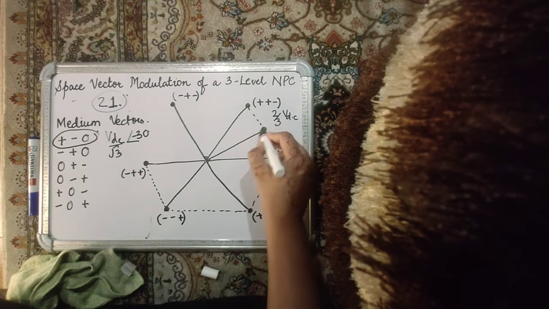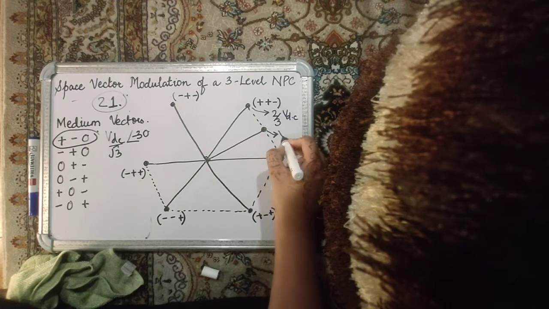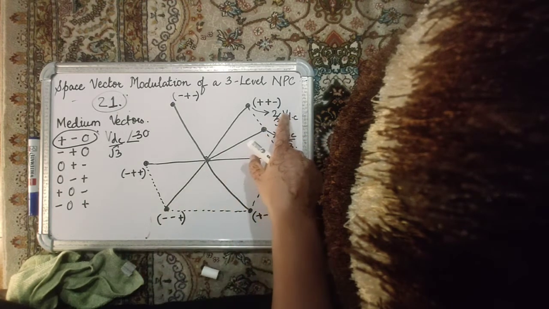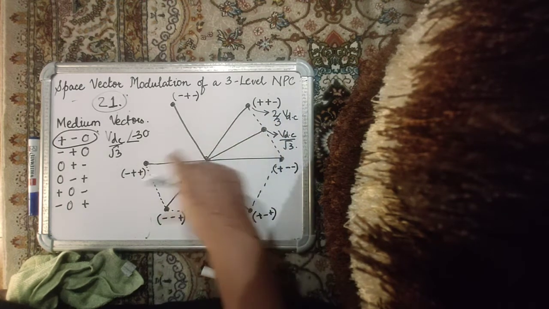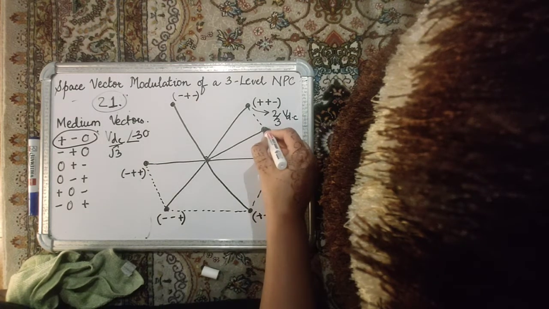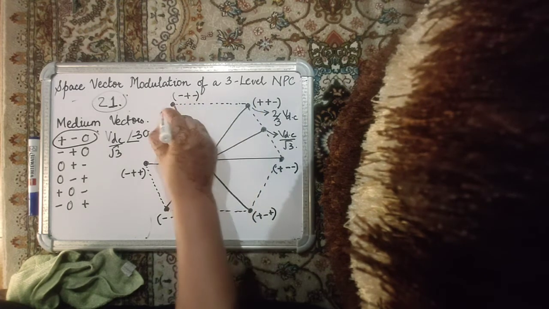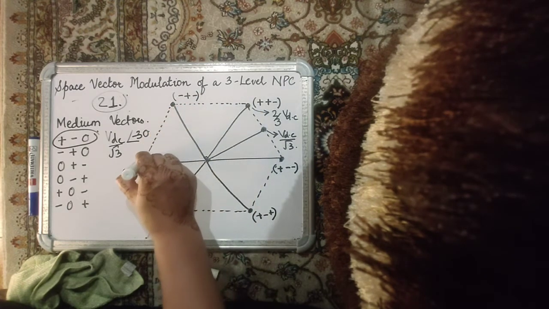The length of this one is VDC by root 3. You can even simply do 2 by 3 times cos 30, that is 1 upon root 3, right? So this is the medium vector. All the middle points of the hexagon will correspond to the medium vectors.